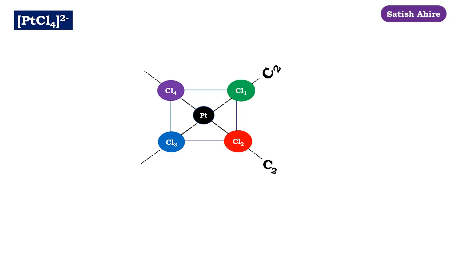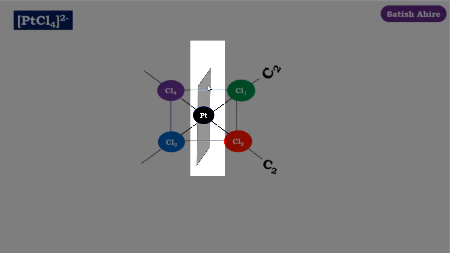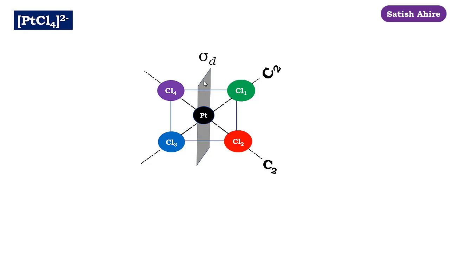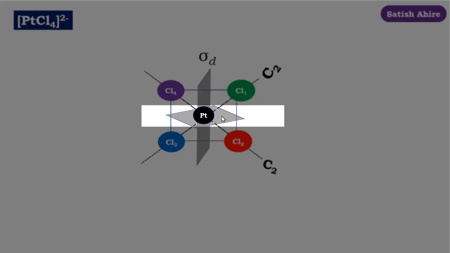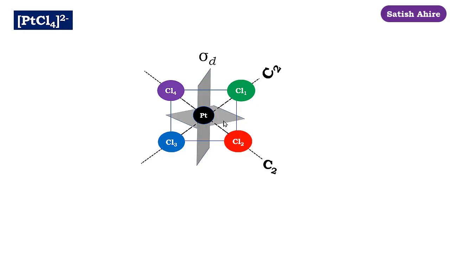And according to the definition of dihedral plane of symmetry, this is the first plane that passes in between these two C2 axes. Therefore, it is known as dihedral plane. And similarly, this plane also passes in between these two C2 axes, and therefore it is known as dihedral plane of symmetry. And one point you have to remember, these planes include least number of atoms.